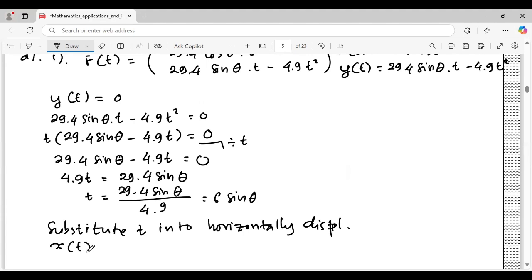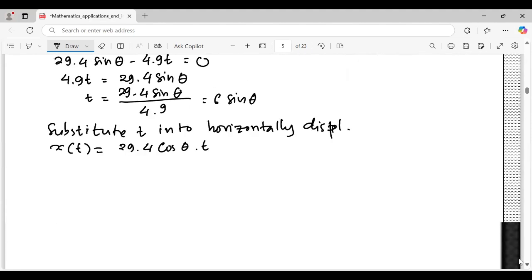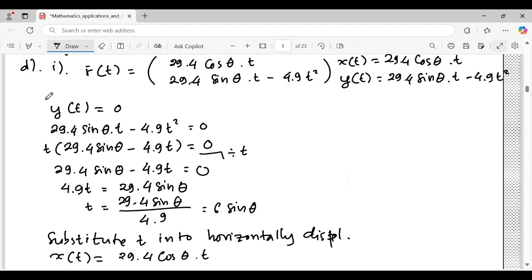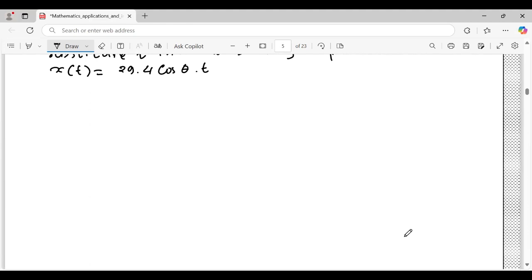So x(t) is 29.4 cosine theta times t. This one is the vertical displacement, and x(t) is the horizontal displacement equation.